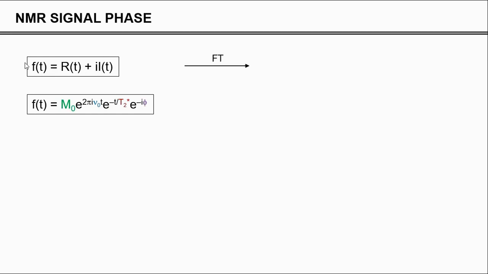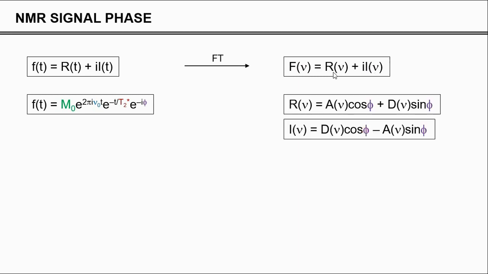Take a complex valued FID, you do a Fourier transformation, you're going to get a complex valued NMR spectrum, in which you get a real spectrum, that's the one that is typically shown, plus i times an imaginary spectrum. Now, the real spectrum is given by this equation, in which A is the absorption Lorentzian line and D is the dispersion Lorentzian line.